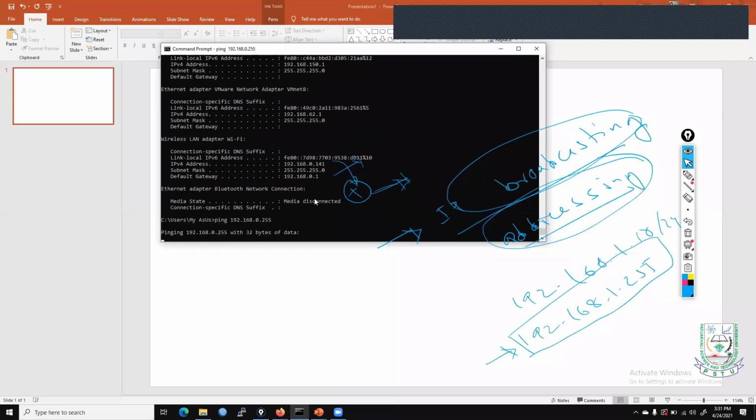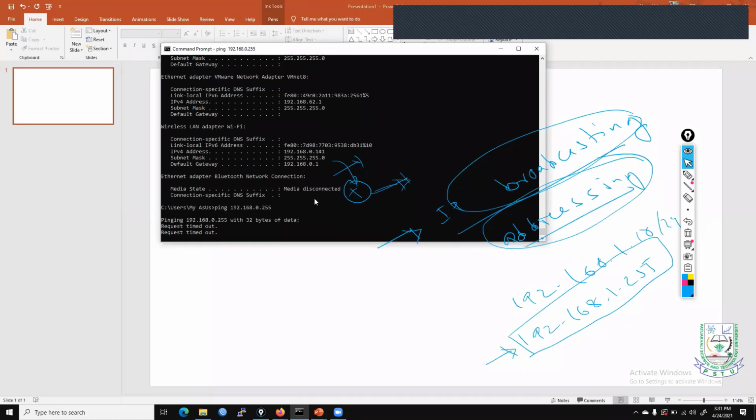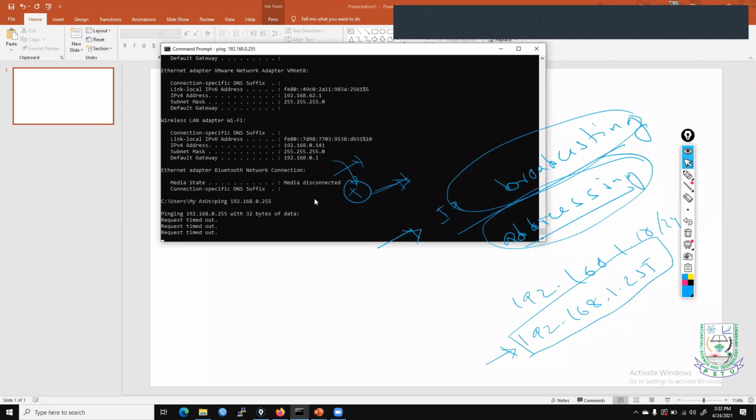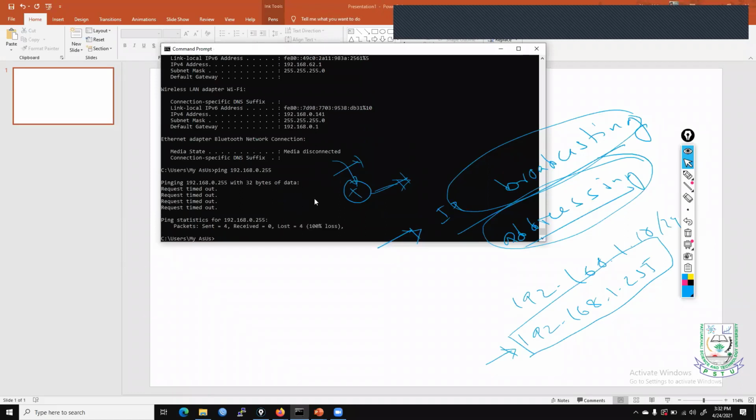So if I ping that, what will happen? Let's see. Request timed out. If there is a filter, or if there is no filter, it will actually reach other devices and find out the other hosts of this network. That's the actual reason.